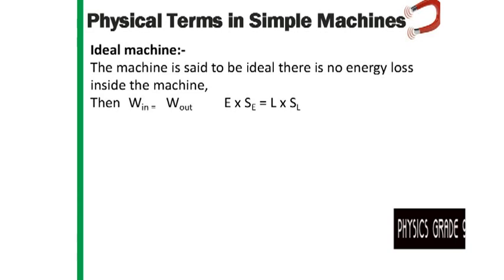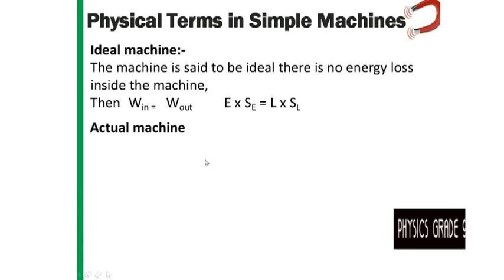Because work in can be written as the effort times the effort distance, and work output can be written as the load times the load distance, these two must be equal to each other. In other words, E times SE is equal to L times SL.